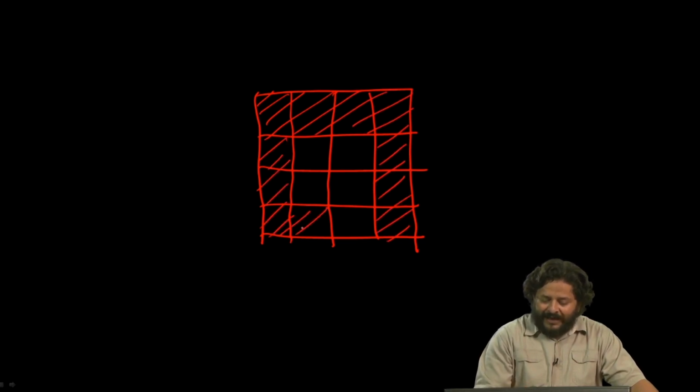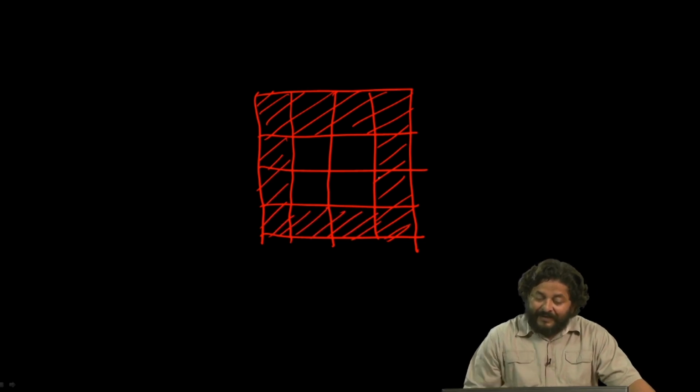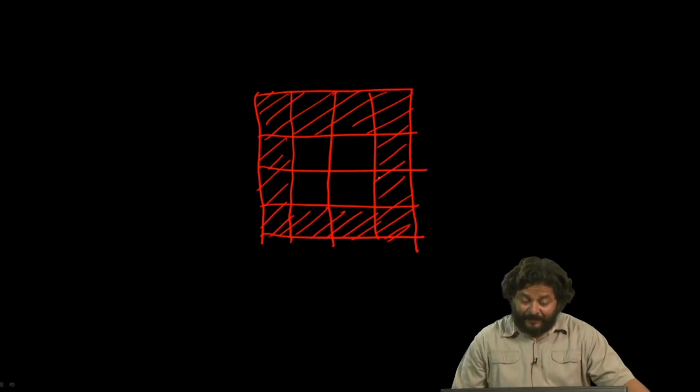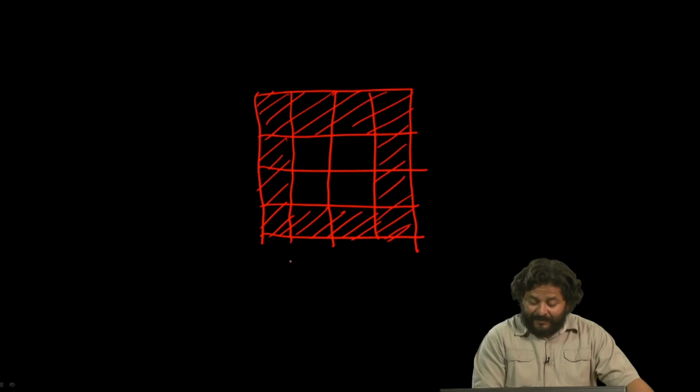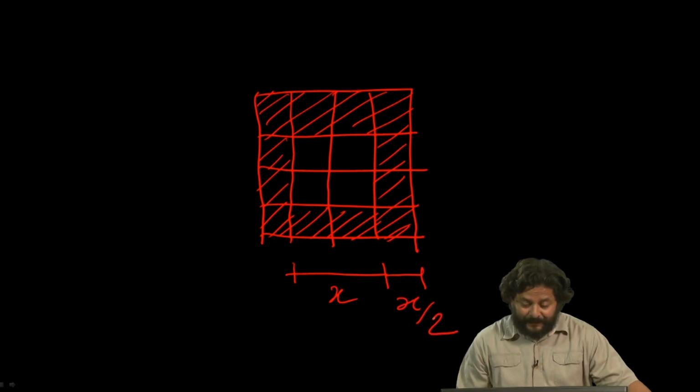And so the area that's being shaded are the wall thicknesses, and what you have in between is the sanctum of the temple. Naturally, if the sanctum is x wide, the wall thicknesses are x by 2. So they are half the width of the open space.